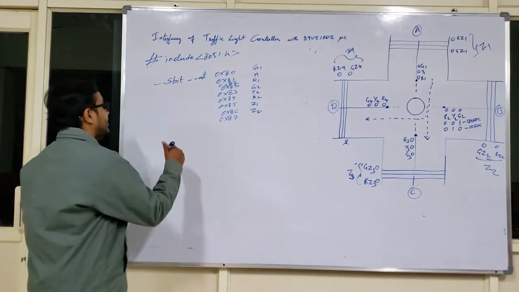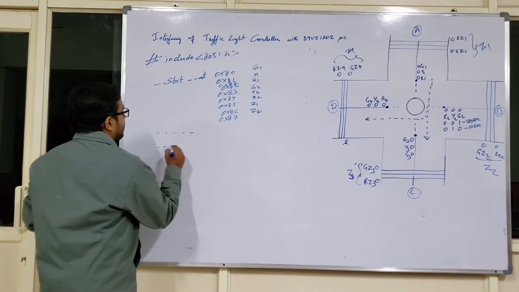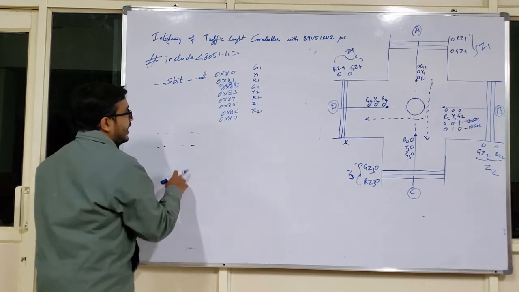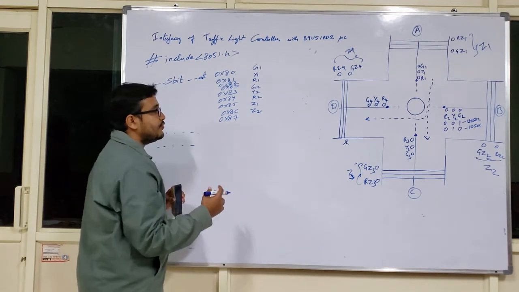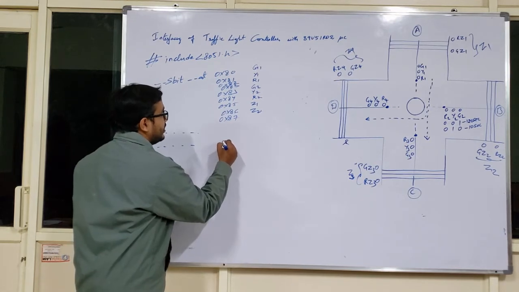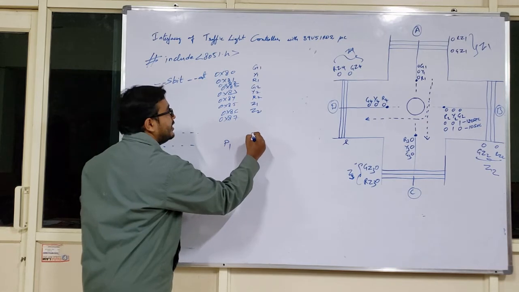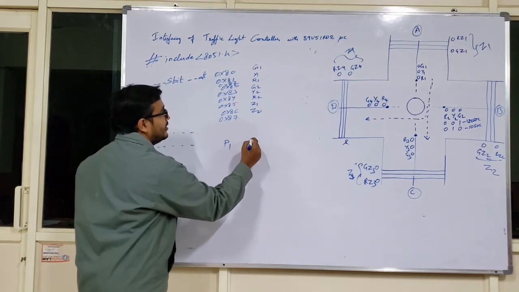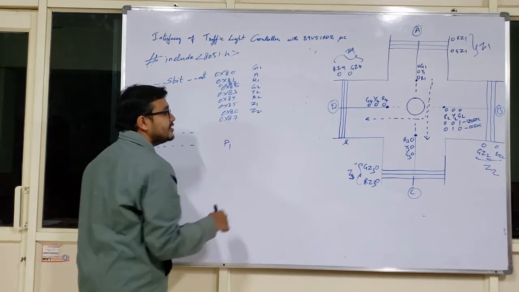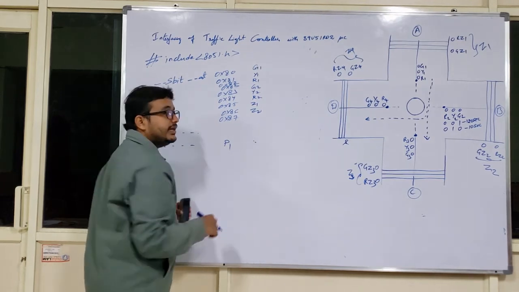Okay. Similarly, you can use the same sbit concept and give the names for the respective address locations of your P1 port. You can give the remaining variables as G3, Y3, R3, G4, Y4, R4, Z3 and Z4. In this way, you can complete the definition.